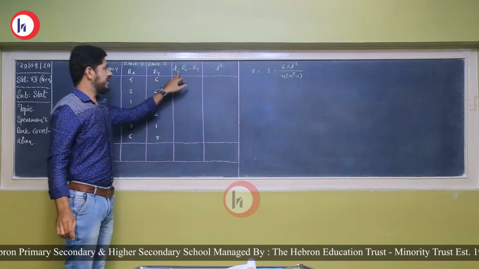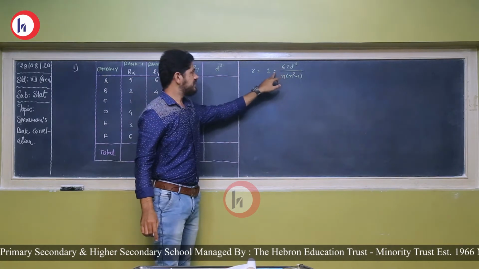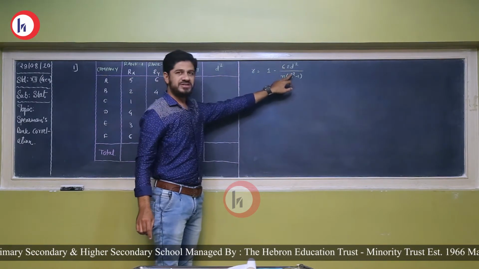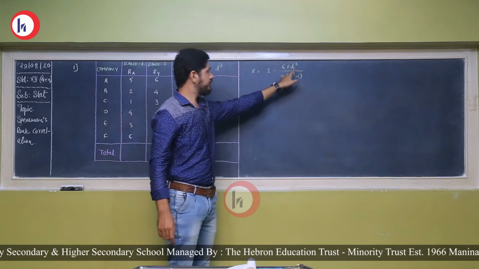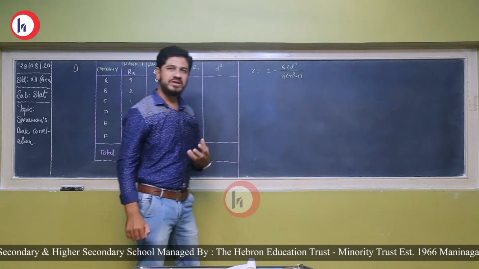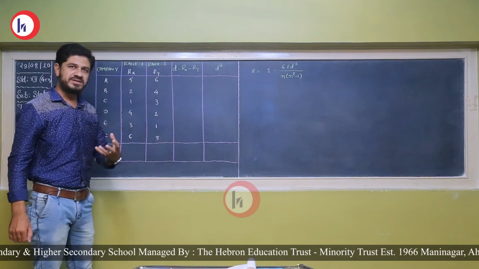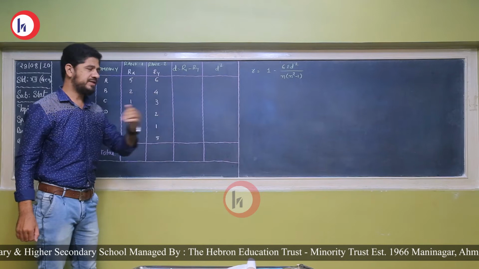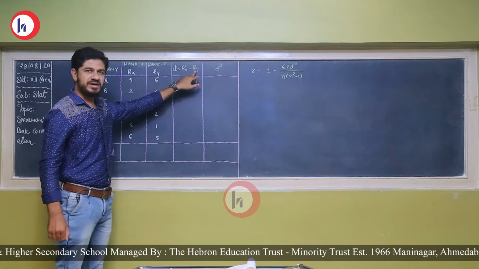Now, the formula is 1 minus 6 sigma d square upon n square minus 1. So we need to find d. What is d? d is the difference between the ranks given by the two analysts. So d is nothing but Rx minus Ry.